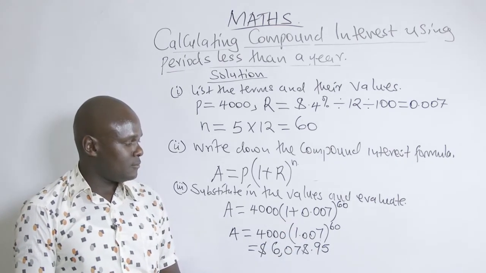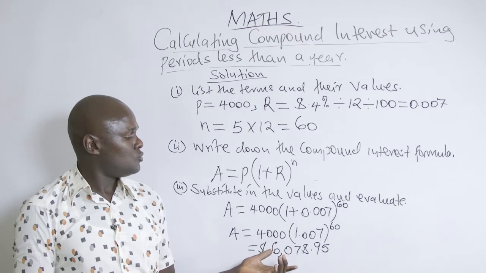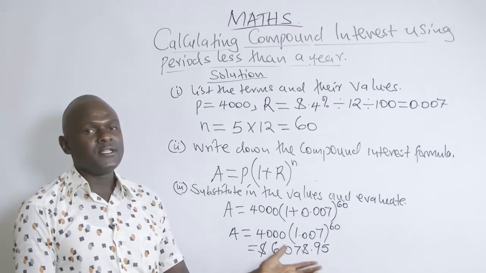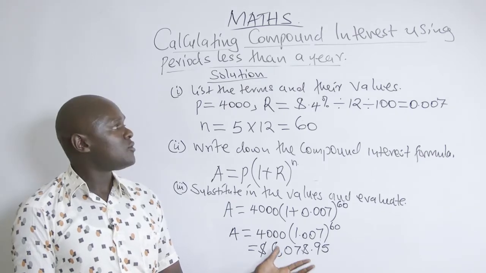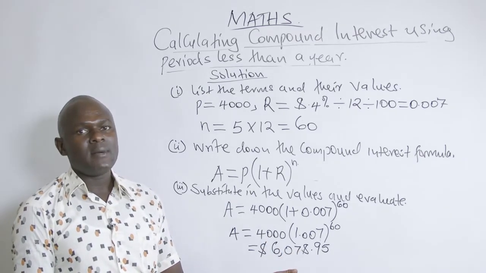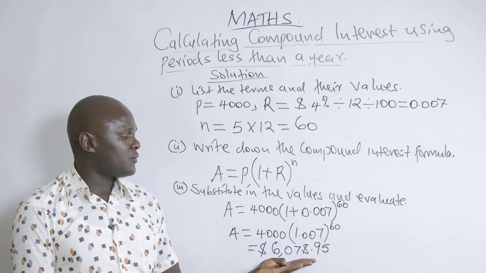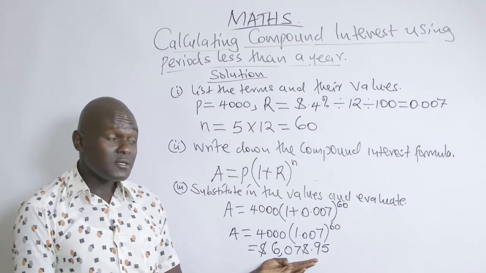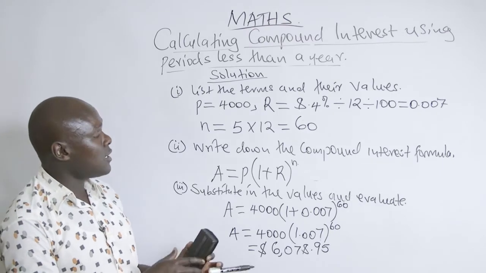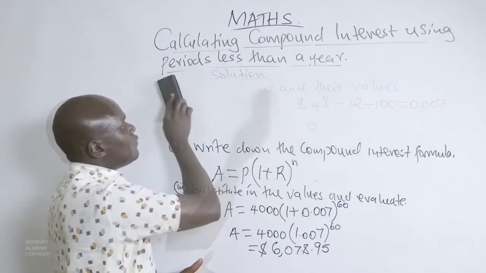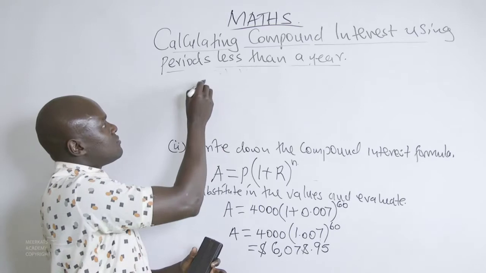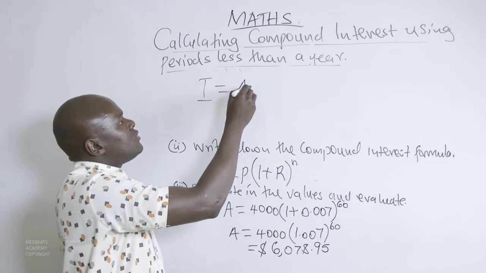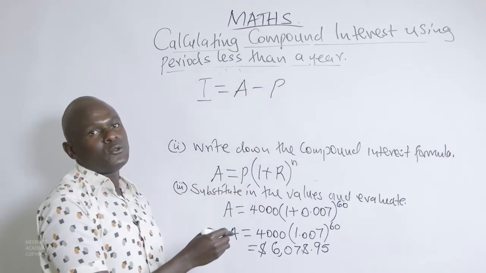Someone might ask you, what is the interest? Because the question was for us to calculate the amount, and after 5 years, this will be the amount. Are you able to calculate the interest? Yes. We said that the interest is equal to the difference between the amount and the principal.